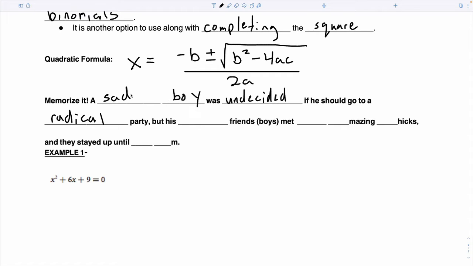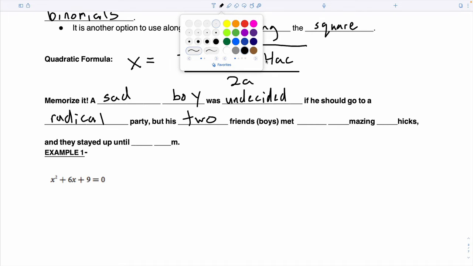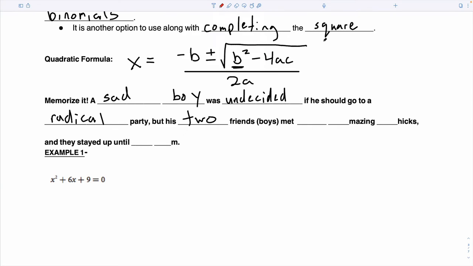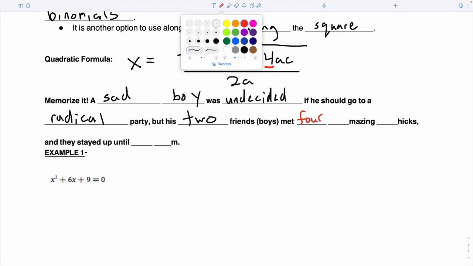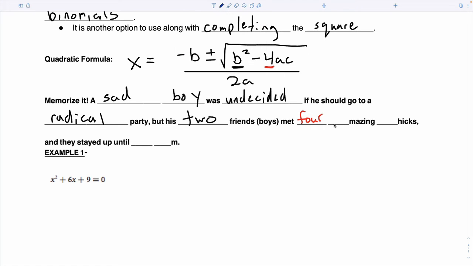A sad boy was undecided if he should go to a radical party, but his two friends that were boys met for amazing chicks.